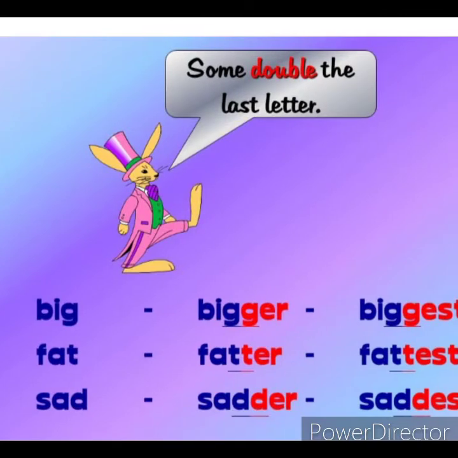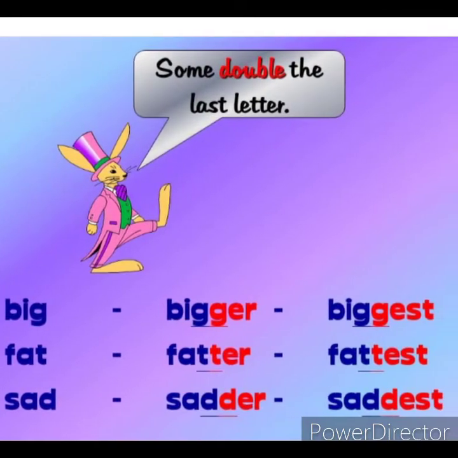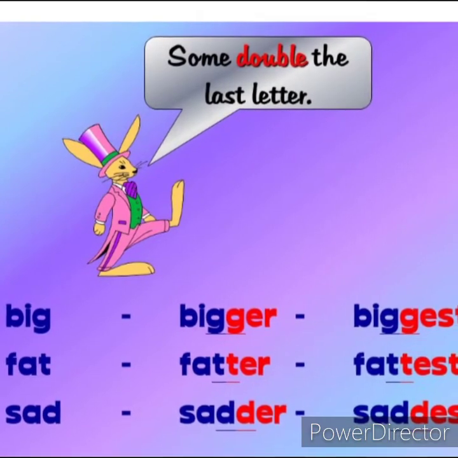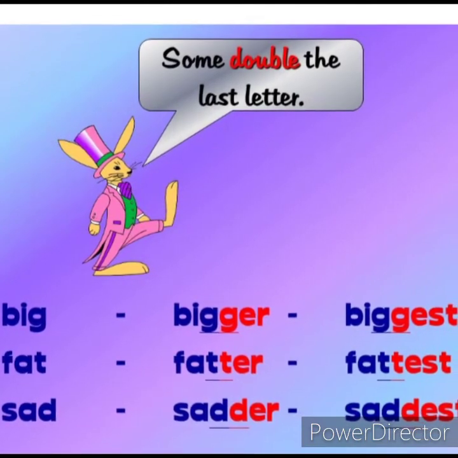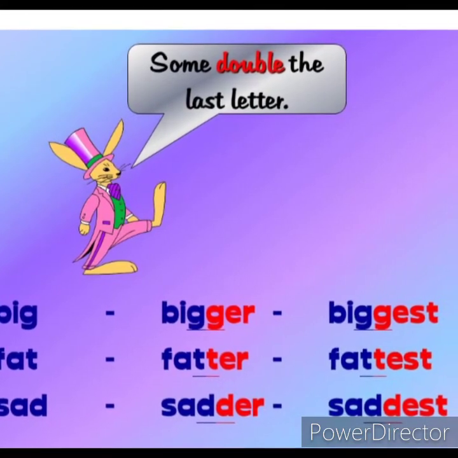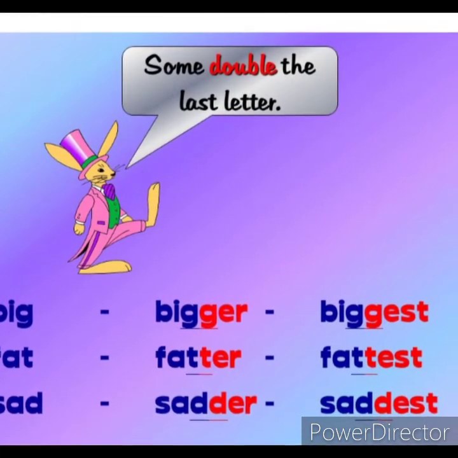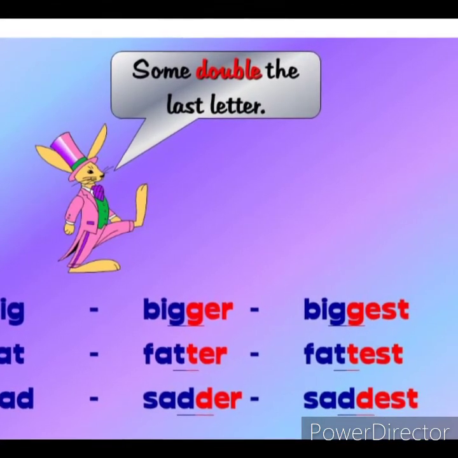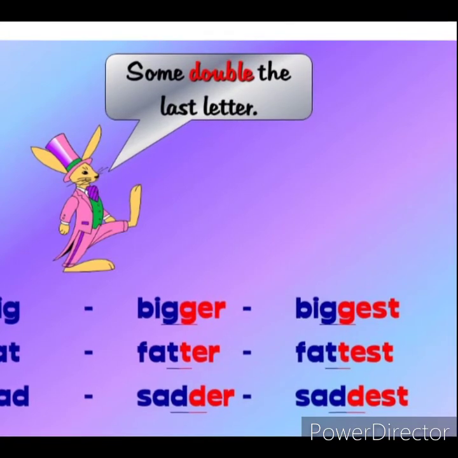When there are both vowels as well as consonant at the end of the word, we double the last letter. Example, big, bigger, biggest. Fat, fatter, fattest. Sad, sadder, saddest.